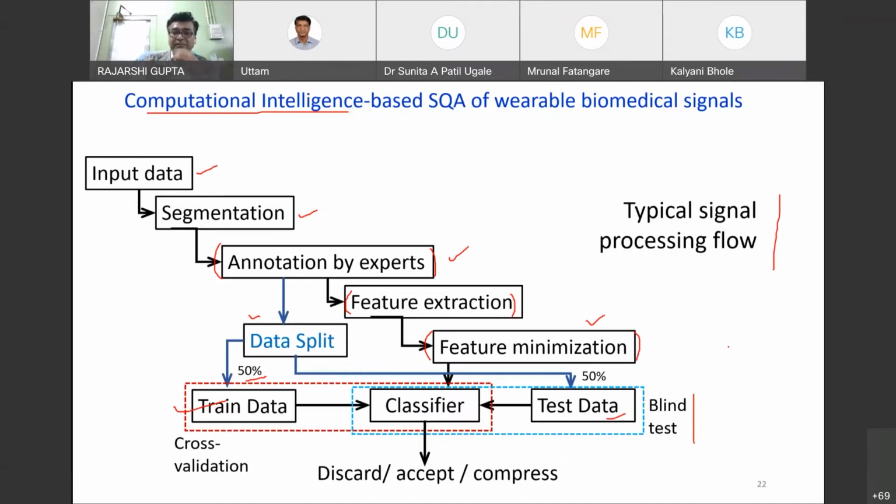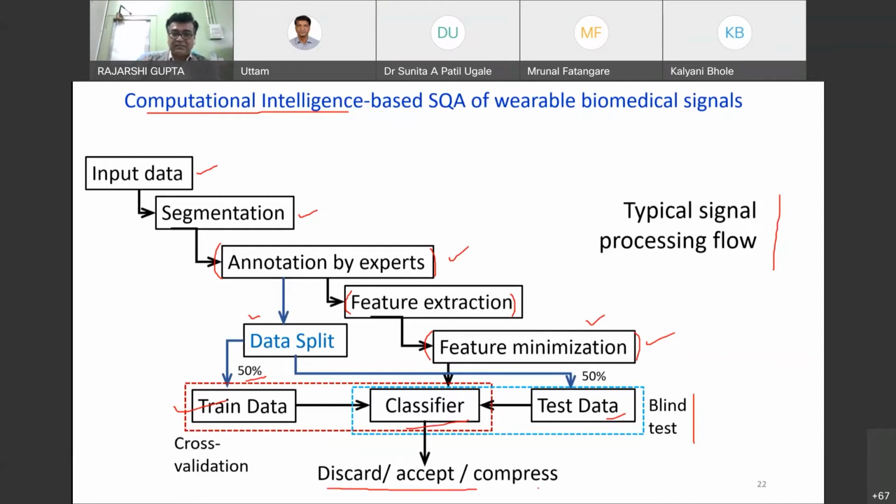In those cases, you can create a rank of these individual features and take the most significant, say 50 features or 30 features, which provides a good classification accuracy. There are many methods, like filter methods and wrapper methods, by which this feature elimination or feature minimization can be done. Then the classifier will work on that reduced set of features.